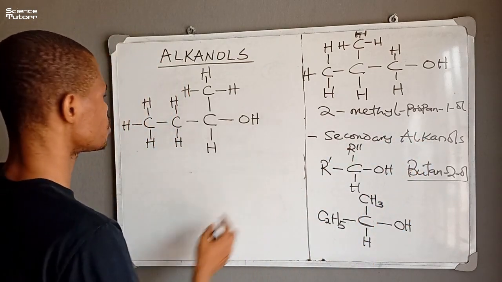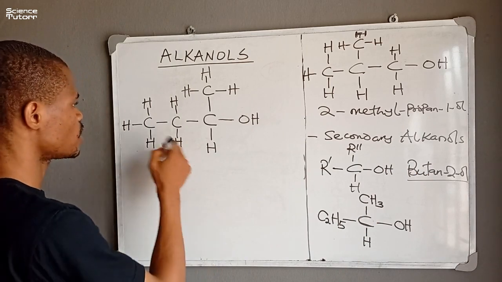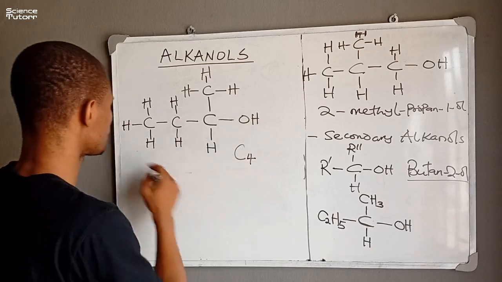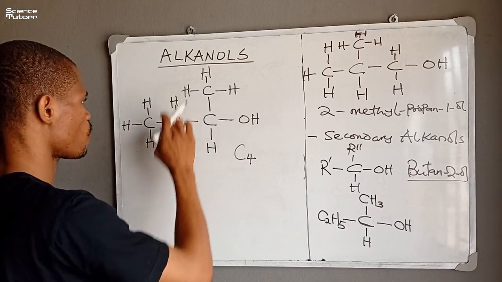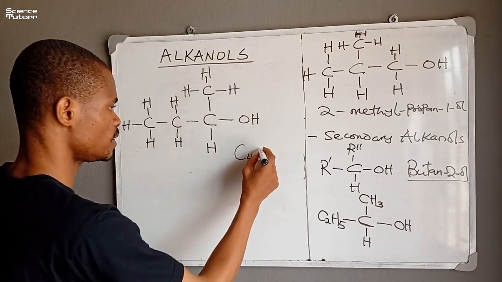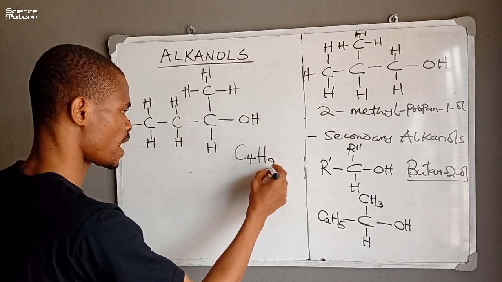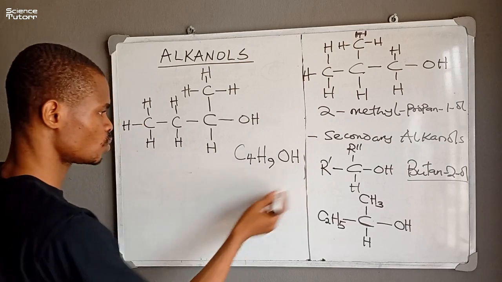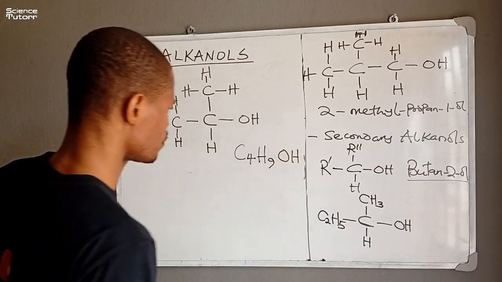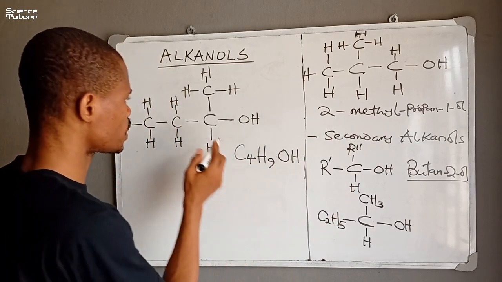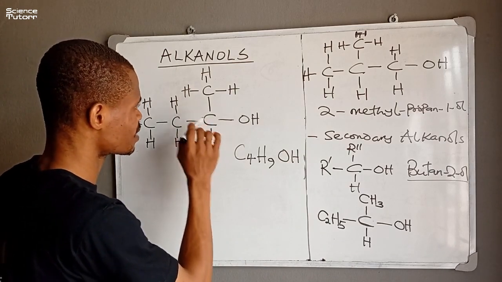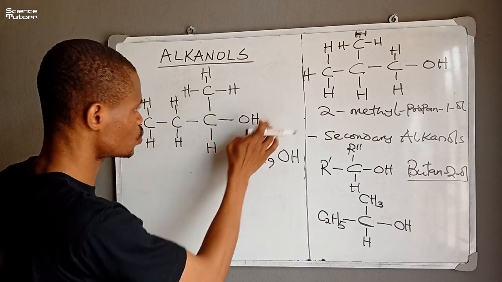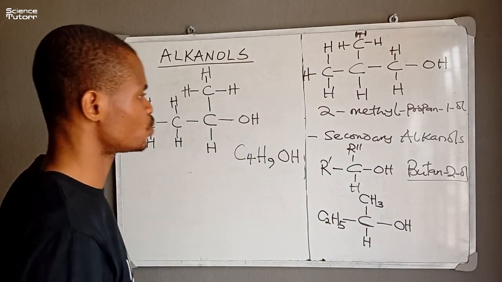In all, using the formula, we realize that we have 4 carbon atoms, C4, hydrogen 1, 2, 3, 4, 5, 6, 7, 8, 9, C4H9, and then the functional group OH. So this is from the family butanol, but where the carbon is located is at the second carbon, 1, 2, the second carbon atom attached to the hydroxyl group.